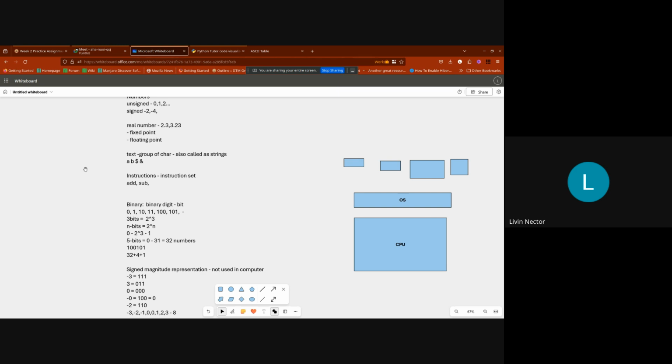The running programs, which we call processes, will be in RAM. All your applications and your OS are present in the hard disk, and they are loaded into RAM when your computer boots up.